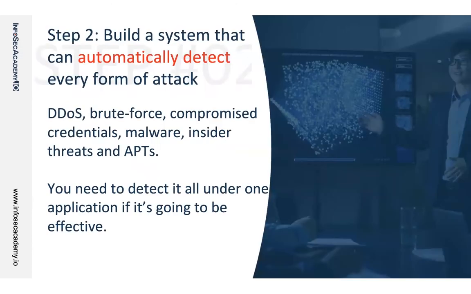So you need to be able to monitor everything. Next, we need to build a system that can automatically detect every form of attack. So it used to be enough, for instance, to simply have an IDS, right, or an intrusion detection system. And I'm not saying that it is no longer sufficient to have just an intrusion detection system.